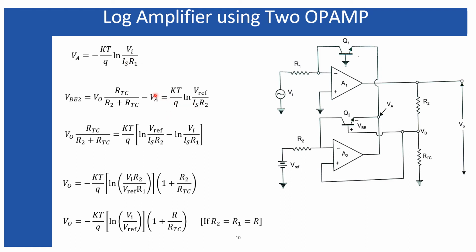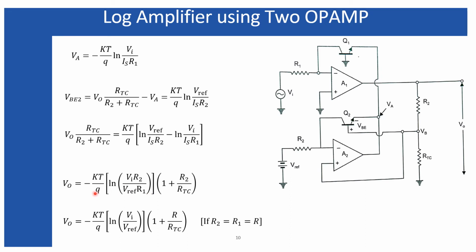Now I just need to replace this Va from this expression, and after replacing Va, taking it to the right side of the equal sign and combining with this one, finally I obtain this V0 as shown over here.